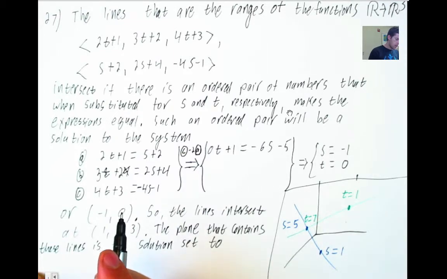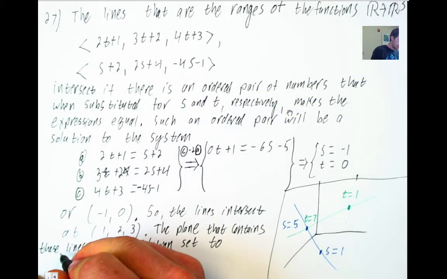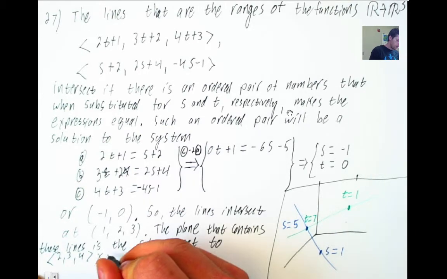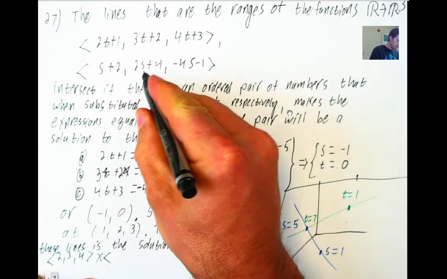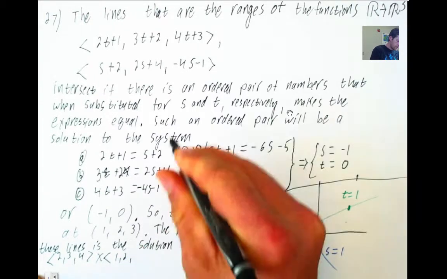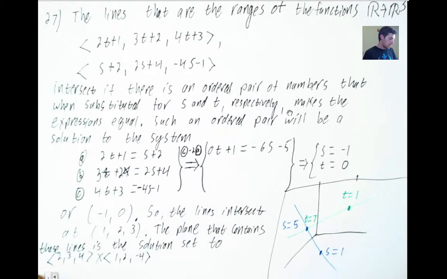The normal vector is going to be the cross product of the direction of the first line and the direction of the second line. So 2, 3, 4, that's the direction of the first line. Cross product with the direction of the second line, that is 1, 2, negative 4. And the cross product will give me the normal vector.